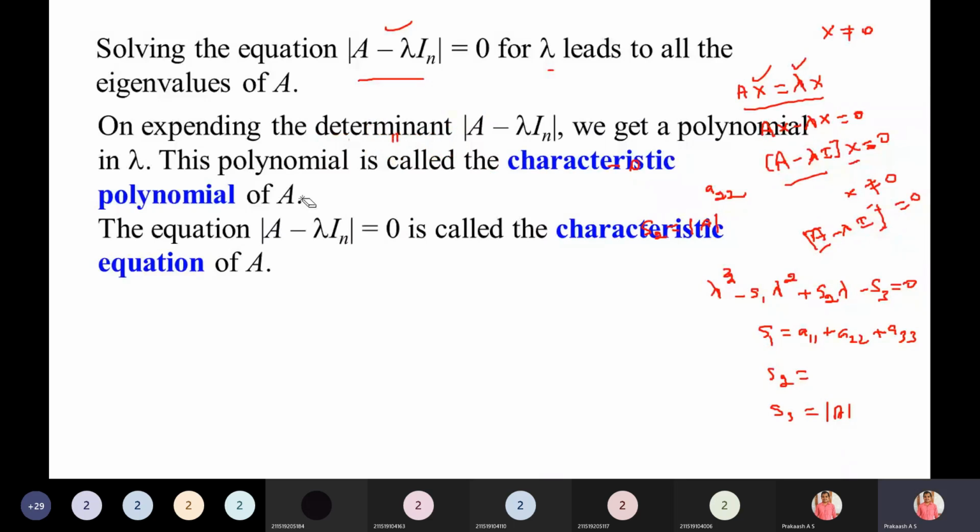This polynomial we call the characteristic polynomial of A, and the equation we call the characteristic equation of A. This is not a matrix equation. If you take the determinant, it becomes an algebraic equation.